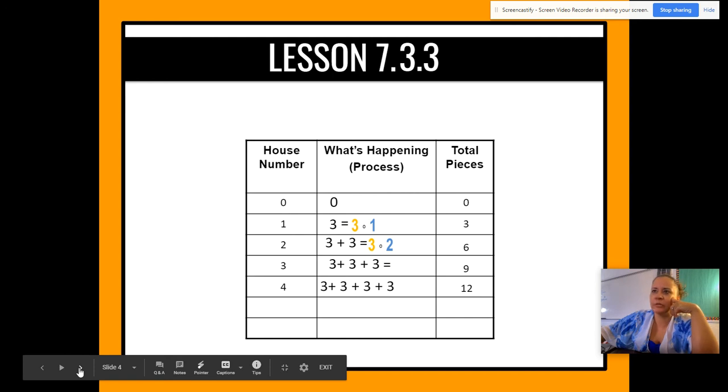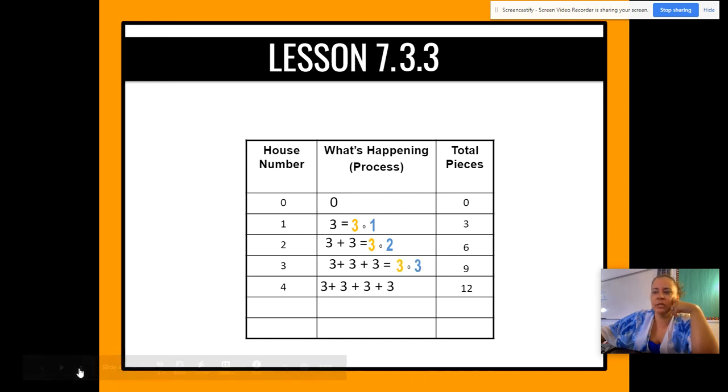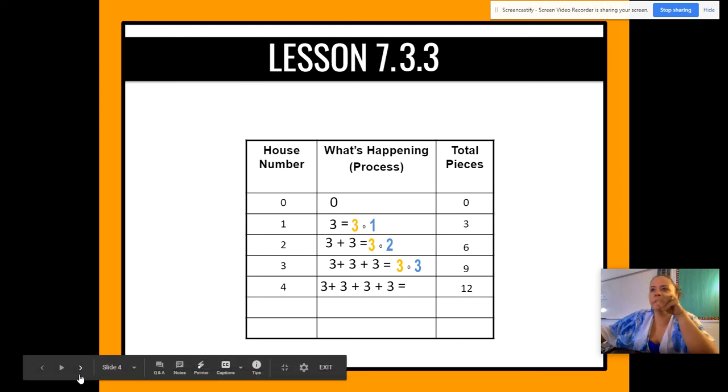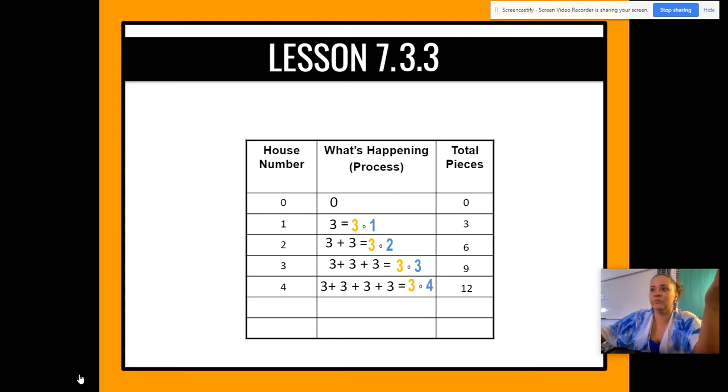Let's try the next one. 3 plus 3 plus 3 is also equal to 3 times 3, which is equal to 9. And then 4 groups of 3, 3 times 4 equals 12. So do you see this nice pattern as I look at the house number to the total pieces? That's my rule. That's that process that's occurring from each variable, from house number to total pieces.